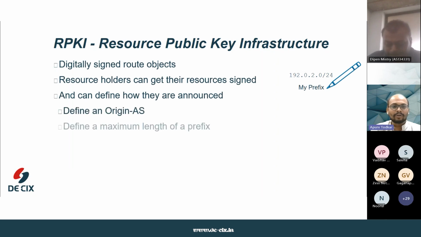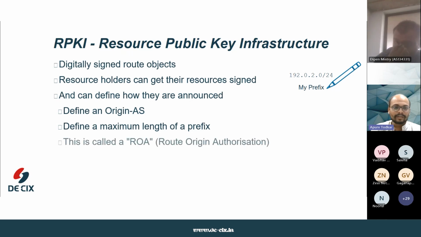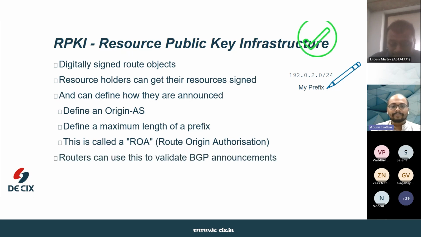RPKI involves digitally signed route objects that network operators have to use, or that resource holders can obtain from the RIRs. RIRs are your regional internet registries, from where you get the actual IP resources. With RPKI, these resource holders can use public infrastructure to define their prefixes to be announced via BGP.